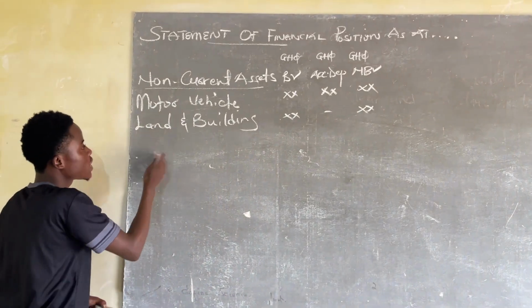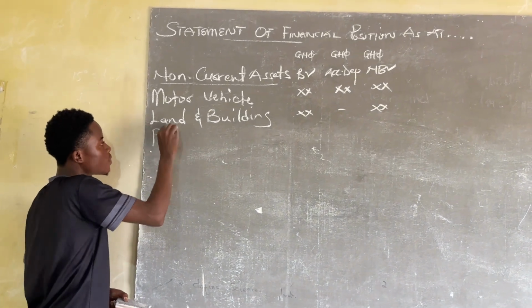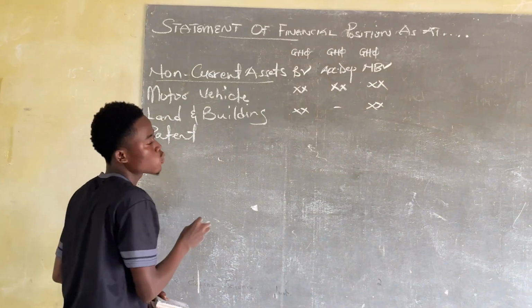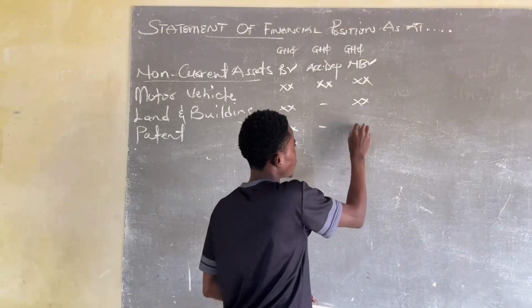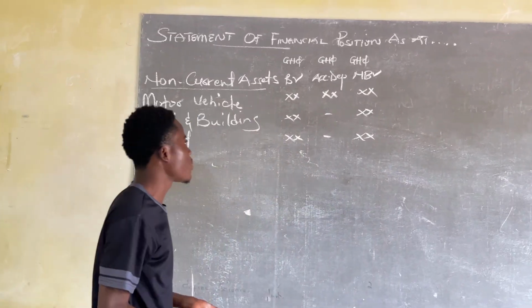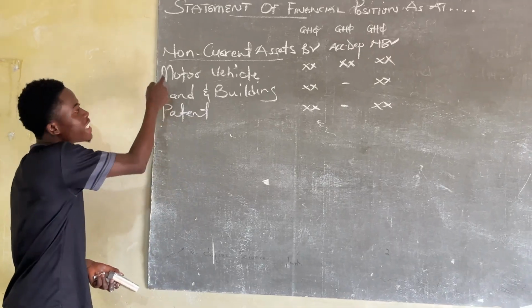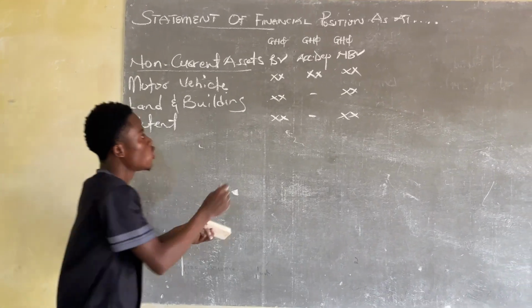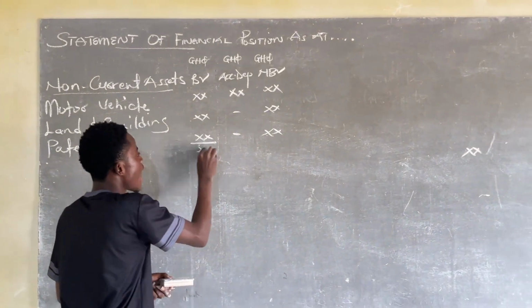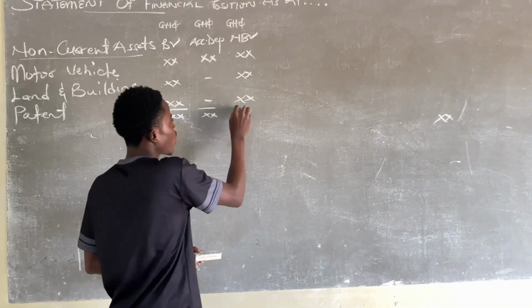And then also let's consider a patent as one of our non-current assets. Since there is no depreciation, we continue. Now viewers, let's consider this terrain as our non-current asset. From here we add all of this, and we have the final total figure.